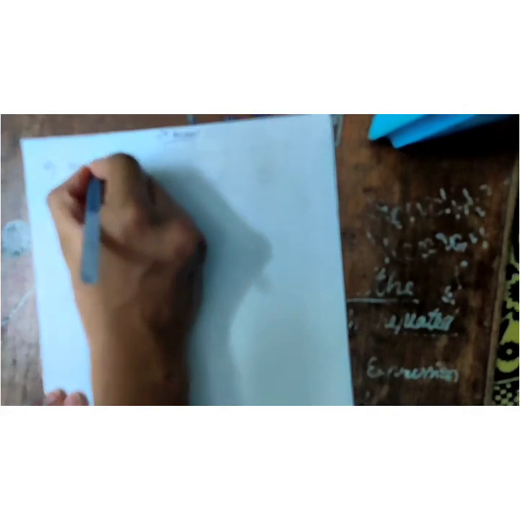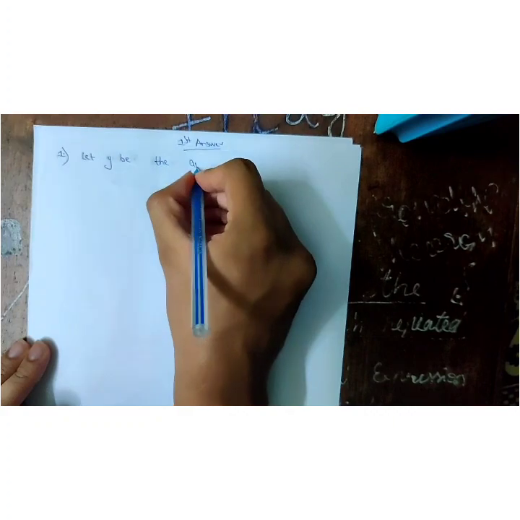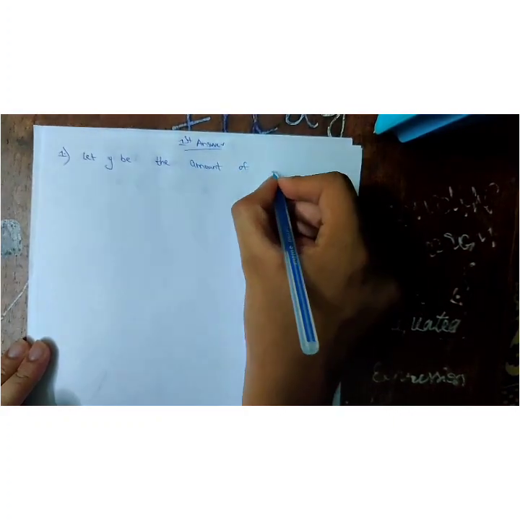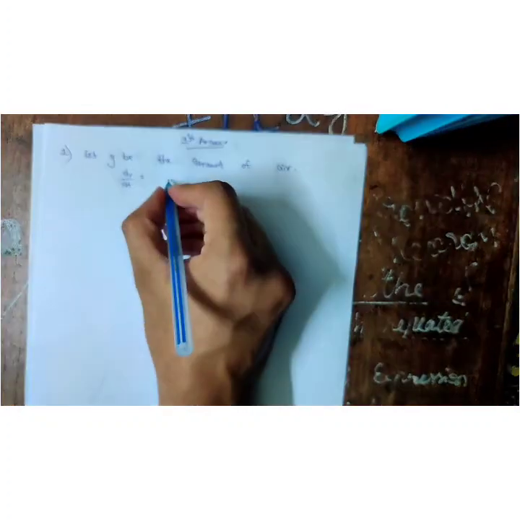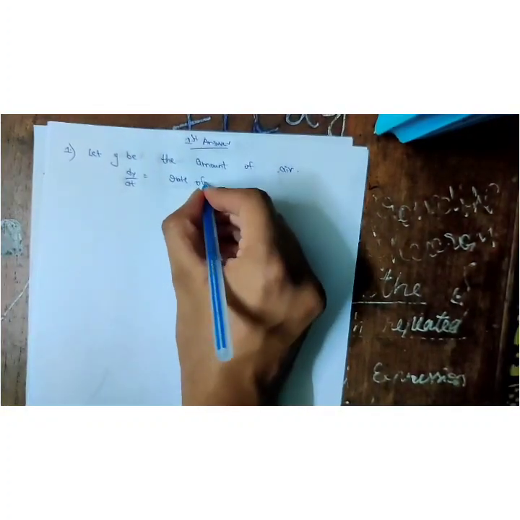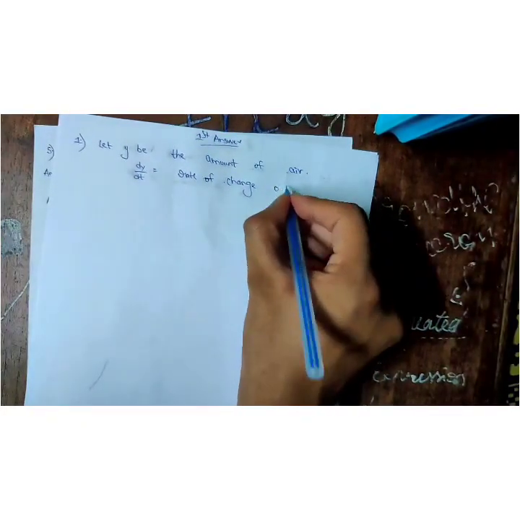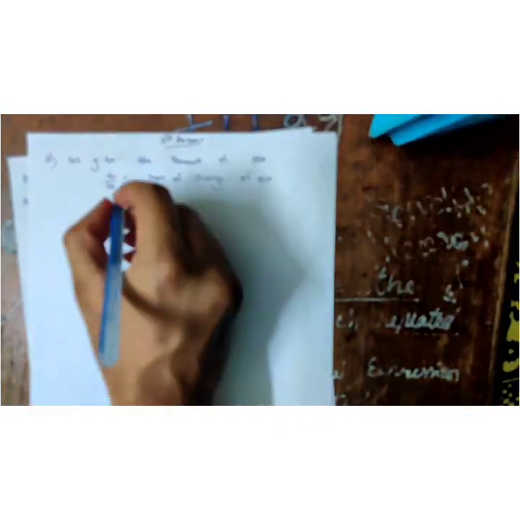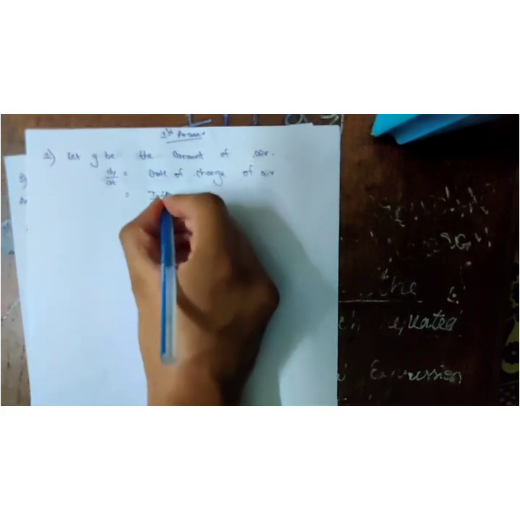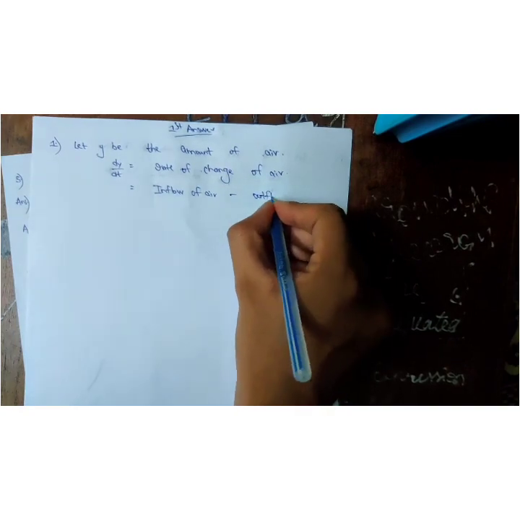Now let y be the amount of air. Now dy by dt is equal to the rate of change of air, which is equal to inflow of air minus outflow of air.